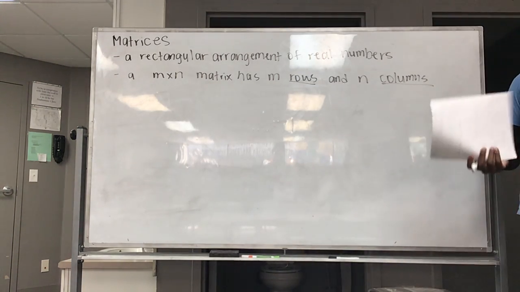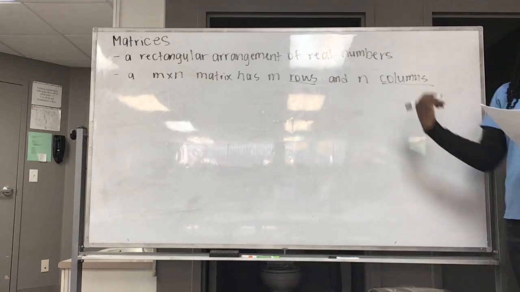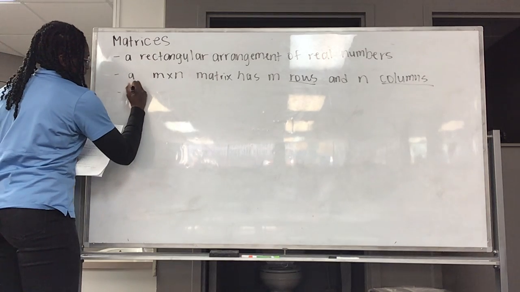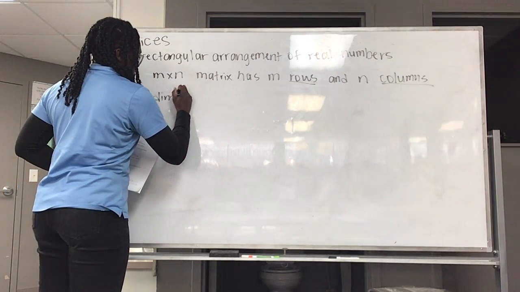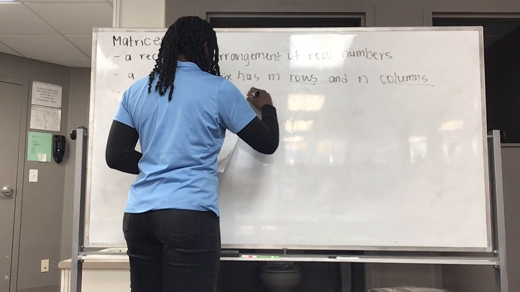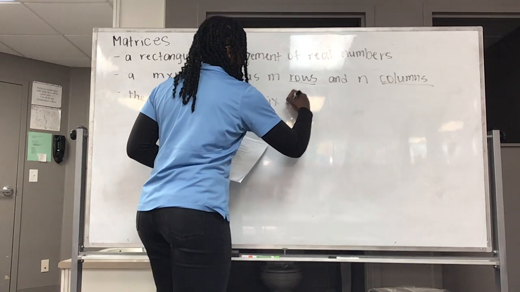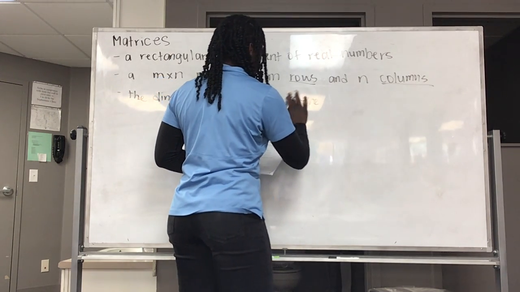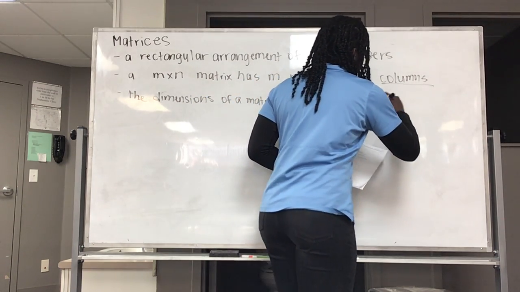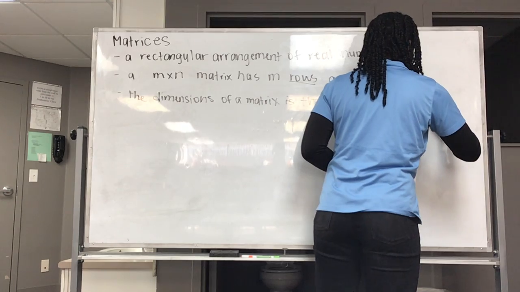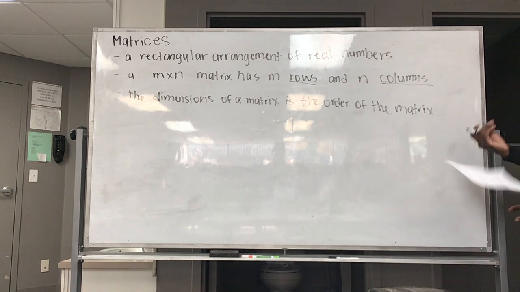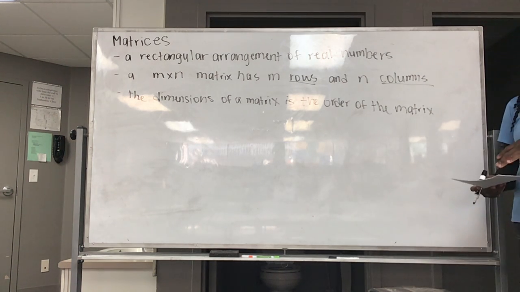When we're talking about matrices, we talk about them in rows and columns. And the dimensions of a matrix, we call that the order.